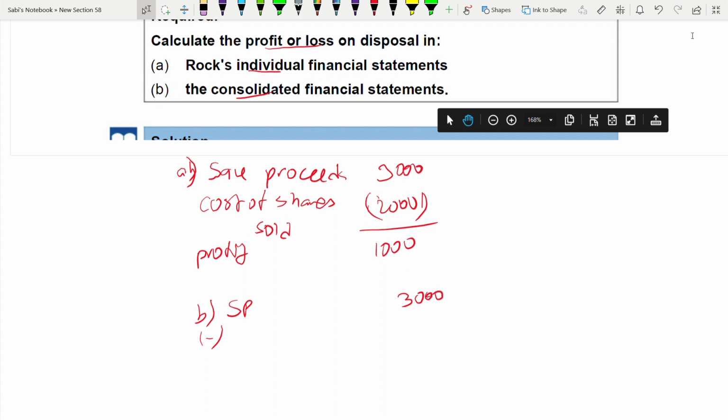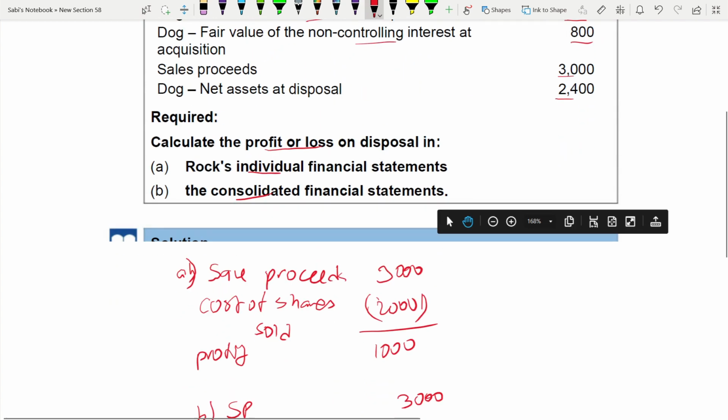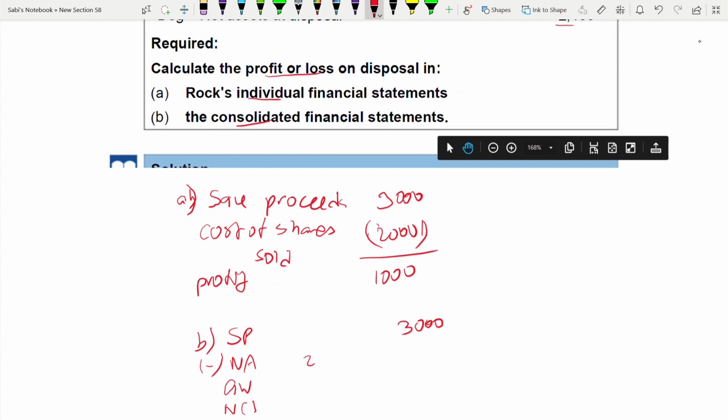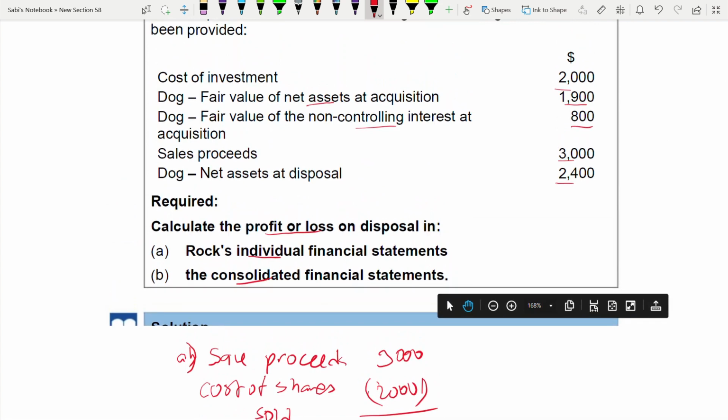So deduct net assets, goodwill, and NCI. Net assets at disposal has been given to you as 2,400. We'll put this in the inside column. Goodwill you have to calculate. NCI you have to calculate.